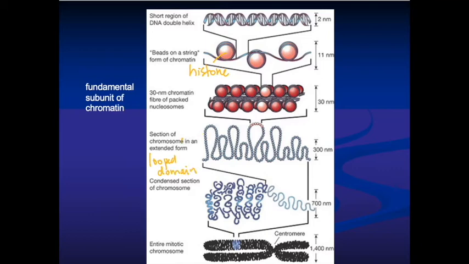The size of this loop domain will be on average around 300 nanometers. This form of the chromosome, the loop domain, will then be further condensed into part of the chromosome structure over here.